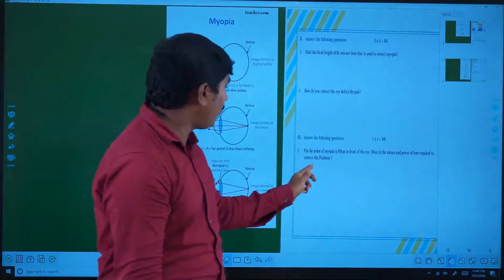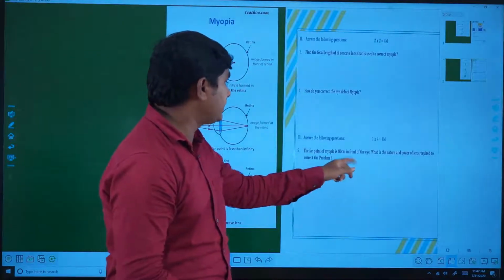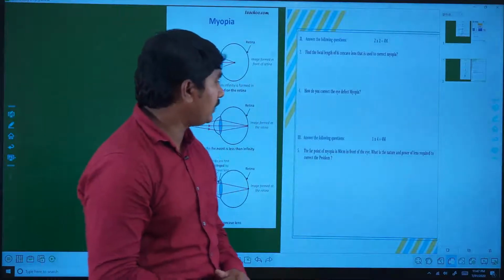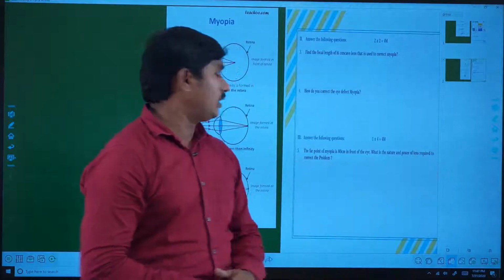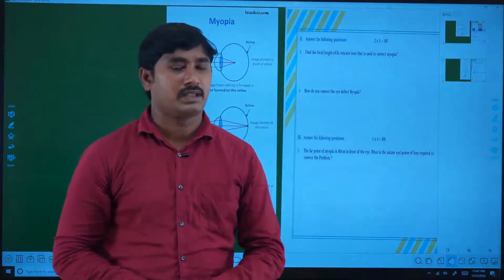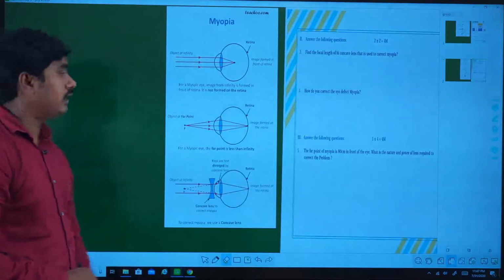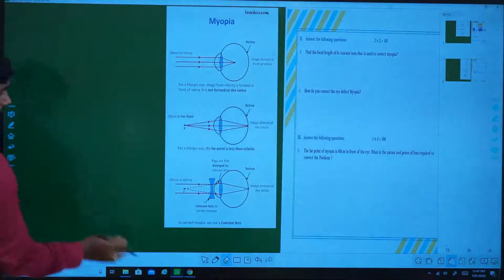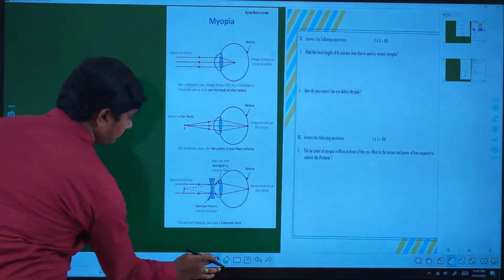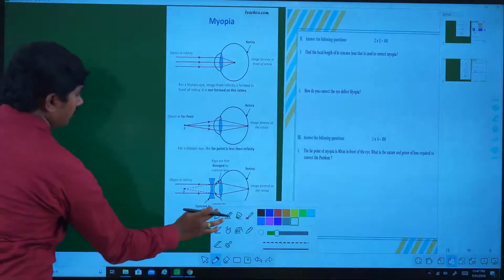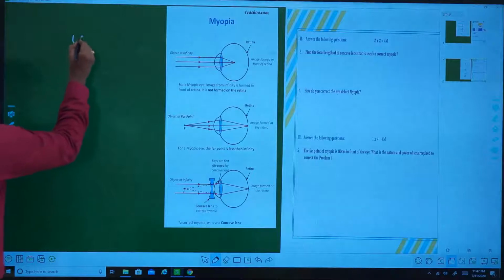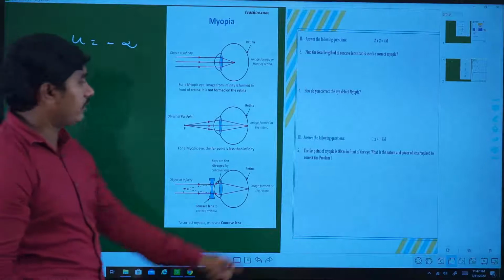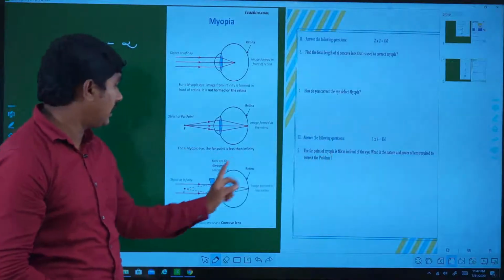Now let's see question number 5. The far point of a myopic eye is 80 centimeter in front of the eye. What is the nature and power of the lens required to correct the problem? Here u is taken as infinity, because the object is very far from the lens.